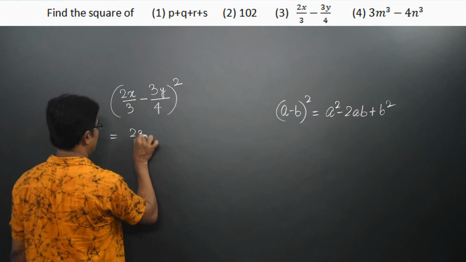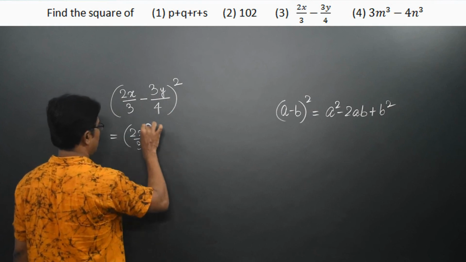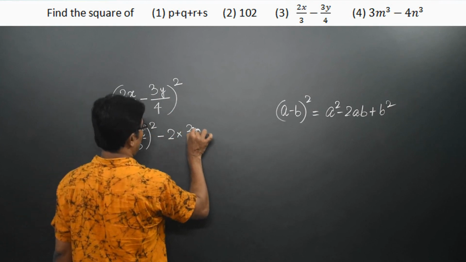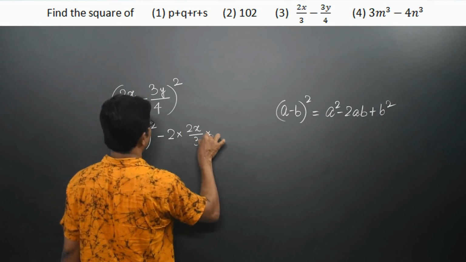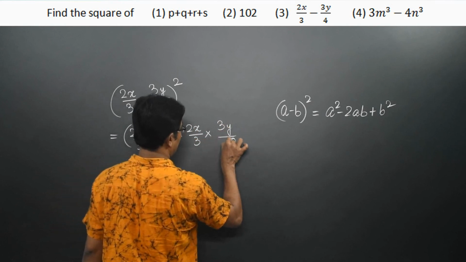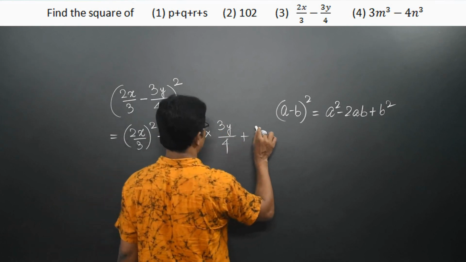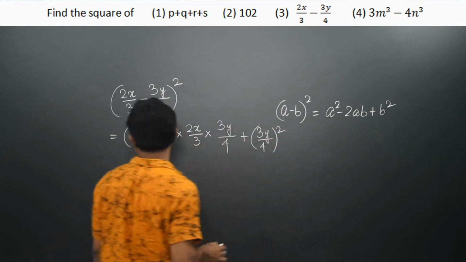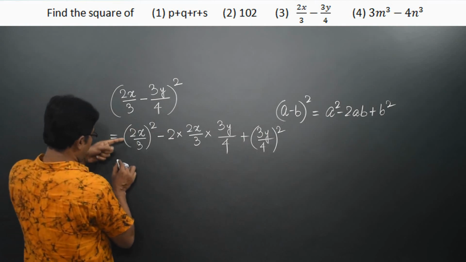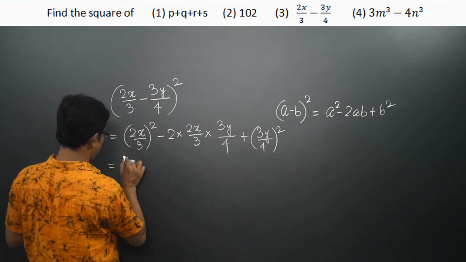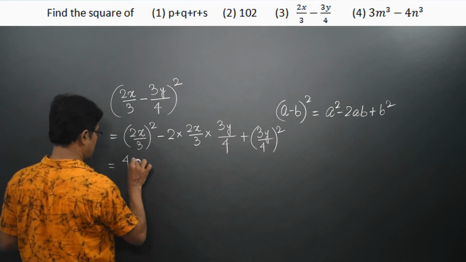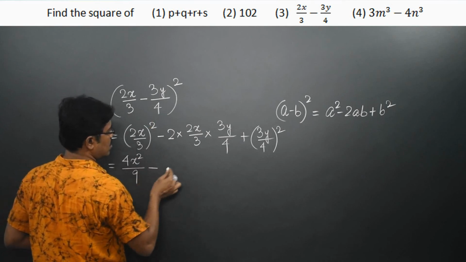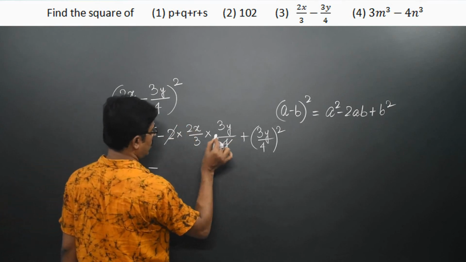So a square, that is (2x by 3) whole square, minus 2ab, that is 2 into 2x by 3 into 3y by 4, plus b square, that is (3y by 4) whole square. Look here, 2 square is equal to 4, x square by 3 square, that is 9, minus 2, 4.